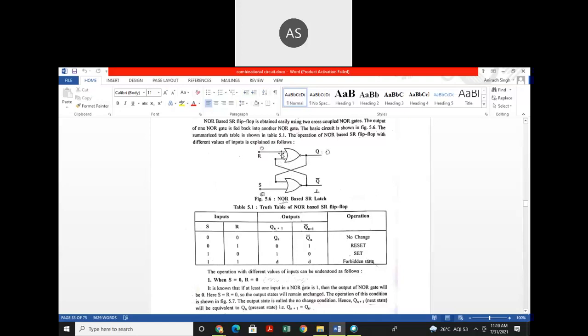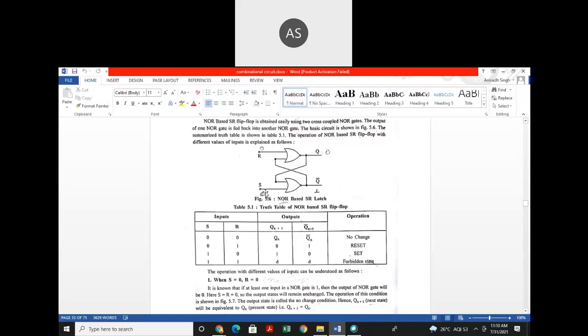So this is 0, 0, and here we get 1. In this case, the previous state is 1 and the next state is also 1. So we can say when S is 0 and R is 0, there is no change in the next state. The next state remains the same as the previous state. If Q is 0, then the next state will also be 0. If Q is 1, then the next state is 1.